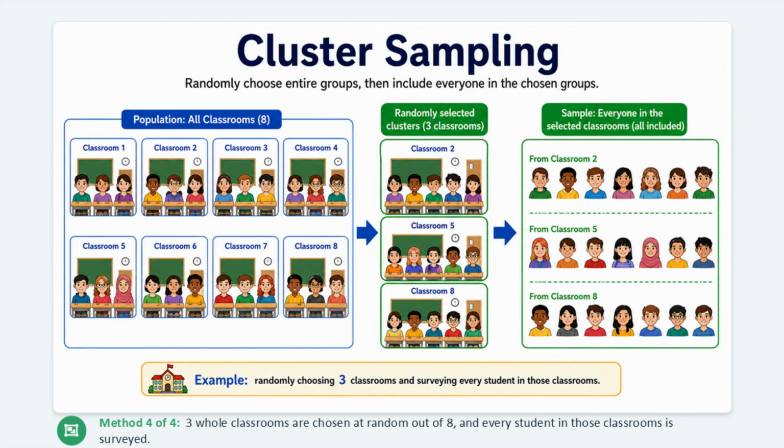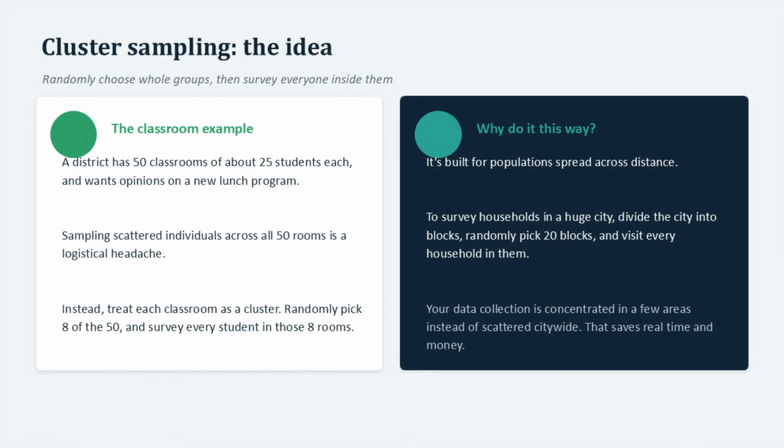With stratified sampling, we sample from every group. With cluster sampling, we choose only some groups and then take everyone inside those selected groups. If you remember that one contrast, you'll have a much easier time keeping stratified and cluster sampling straight. Let's dig into why you would actually choose cluster sampling.